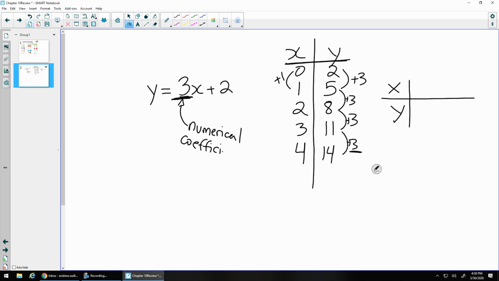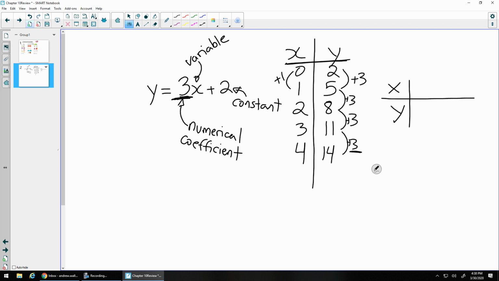Such fancy names in math. Our letter, which is representing any number, it could be any of an infinite set of numbers, is our variable, because it varies what it is. And this number here, because it stays the same, we always put it at the end, is our constant.